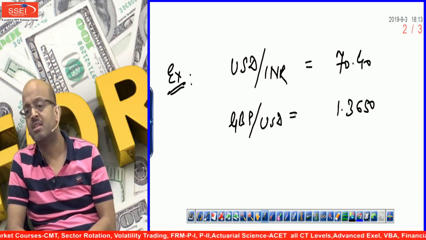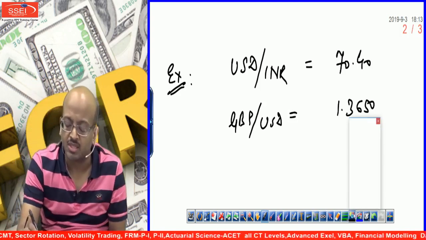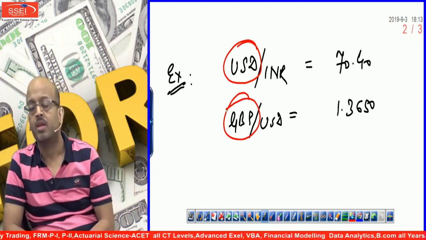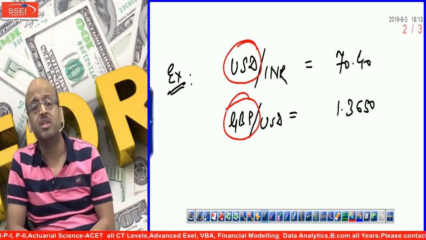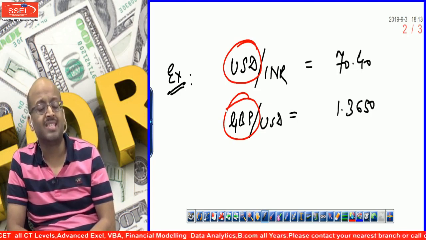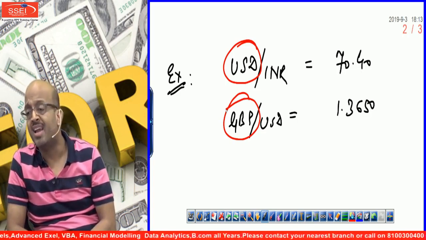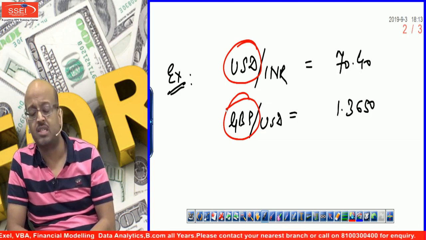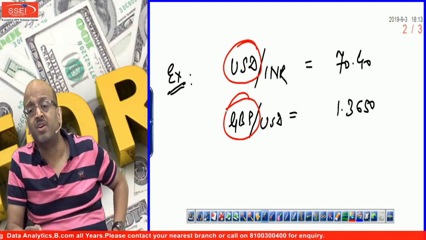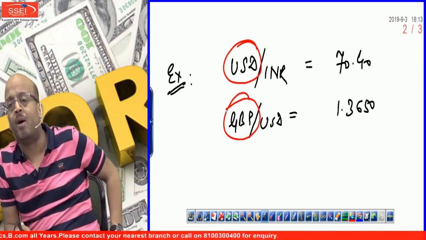Have you seen? I'm just circling that. Write down the question. Please convert INR 5 lakh into pound.